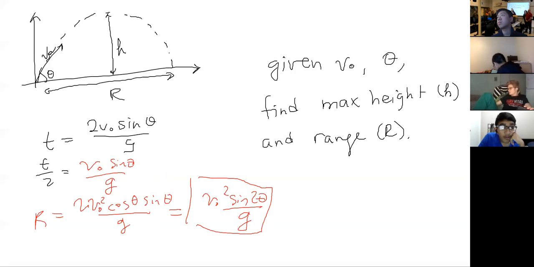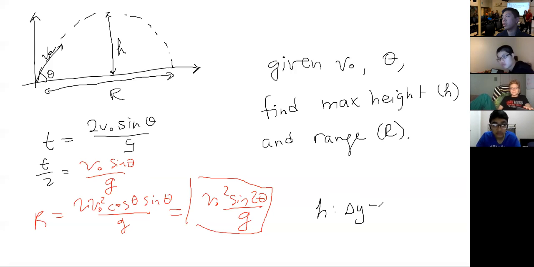And then the height, we can just plug in T over 2 for the vertical motion equation. So vertical motion is delta y equals v naught sine theta times t minus half g t squared. And then we plug in T over 2.